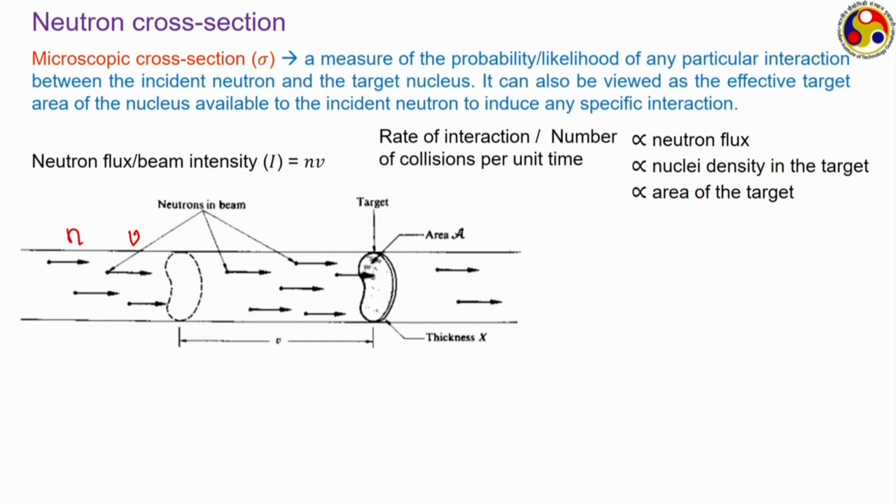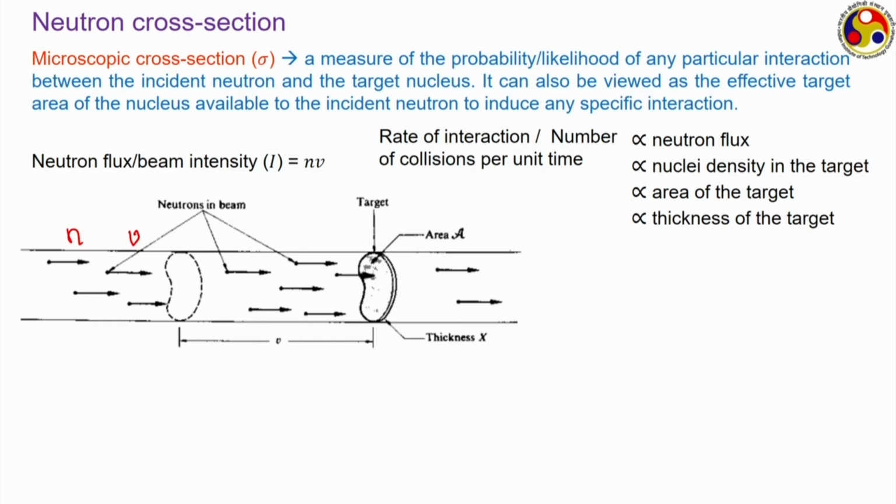As the neutrons are hitting the area of the surface, so larger surface is always likely to give larger interaction, and it is also proportional to the thickness of the target, because the neutrons will be passing through this target area, and larger the thickness, it is more likely to face some kind of nucleus during its passage, whereas a very thin target may allow a free entry for the neutron through it. So, it is also proportional to the thickness of this target.